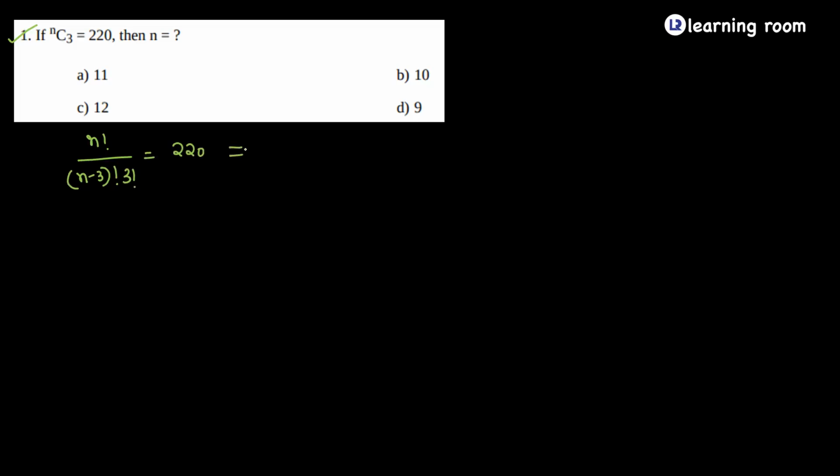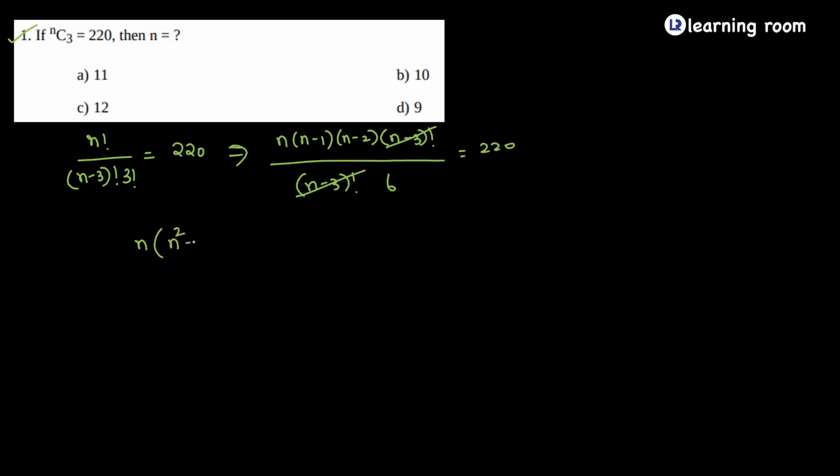If this is equal to 220, that implies n factorial is n into n minus 1 into n minus 2 into n minus 3 factorial, the whole divided by n minus 3 factorial into 3 factorial, which is 6, equal to 220. So n minus 3 factorial and n minus 3 factorial will go, right? So what is it that you're going to have? n into n square minus 3n plus 2 is equal to 220.